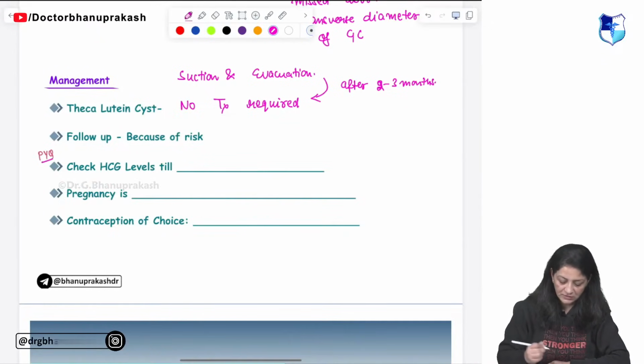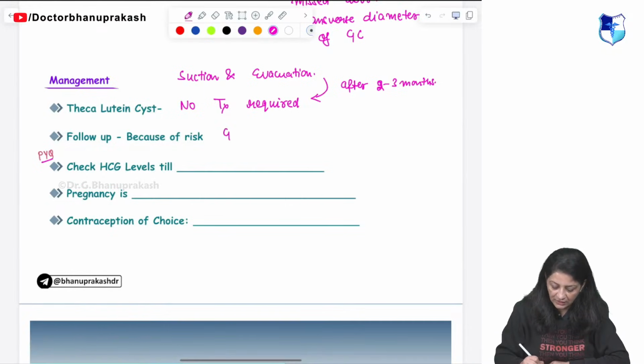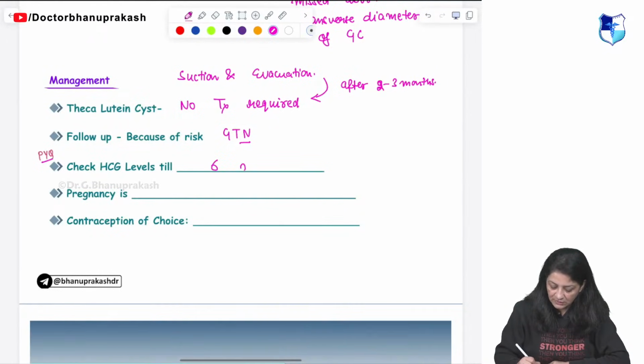Follow-up. Follow-up is important because of risk of GTN. So as I told you, molar pregnancy is a benign trophoblastic disease, but malignancy can occur. Follow-up is important. So check beta-HCG levels till 6 months.